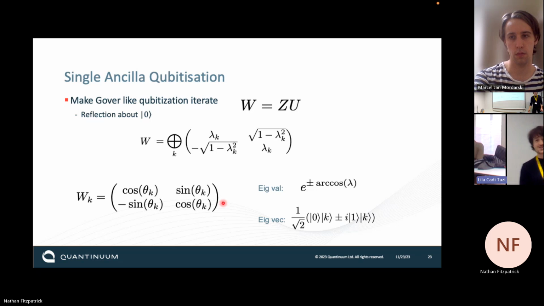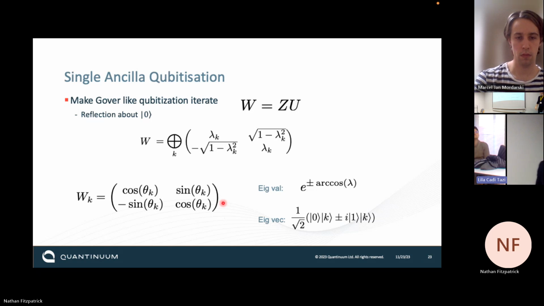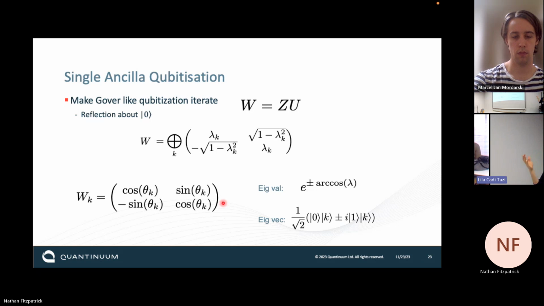Just like in phase estimation, where you do e to the iHt and the eigenphases are isospectral to the eigenvalues, we have the same thing, but now a slightly different exponentiated unitary matrix. So you can still do powers of the unitary and get a relation back to the eigenvalue in exactly the same way as you would with phase estimation for the time evolved Hamiltonian operator.